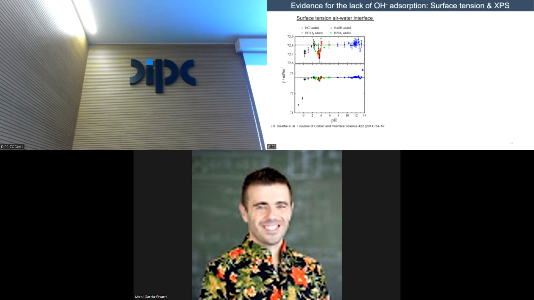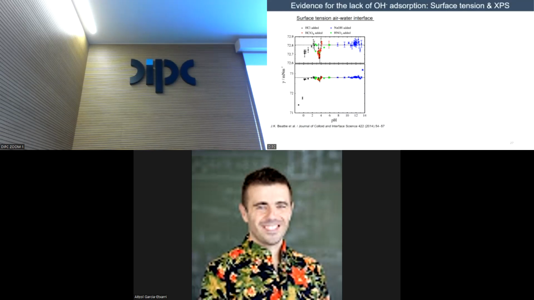So this was a surface tension measurement made by James Beattie in 2014. They looked at the air-water interface, which is again a hydrophobic water interface. And you can see that when you make the pH go from, let's say, pH 2 to pH 10, the surface tension is more or less the same.